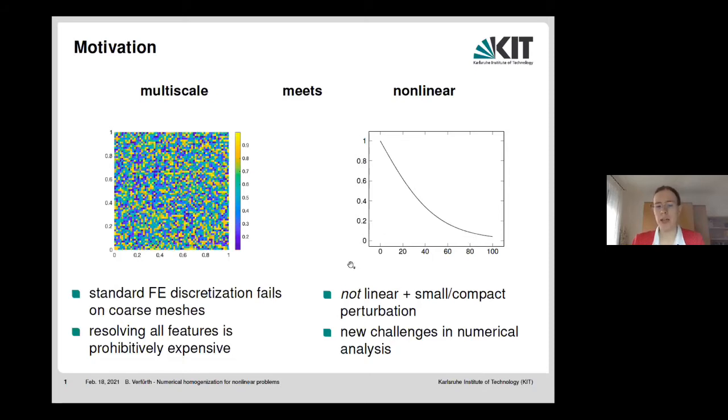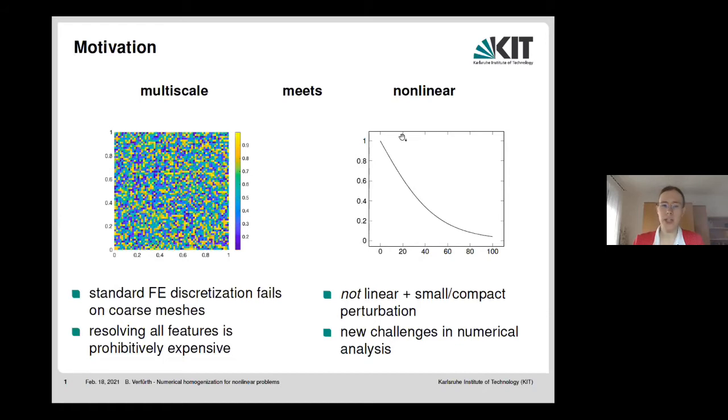And I will introduce the model problems we are looking at in a second, but let me already stress that they are posed in situations that cannot be put in the framework of a linear problem and then some small or compact nonlinear perturbation, like a small deviation from the linear case. Because we're not in this setting, there are several new challenges in the numerical analysis.